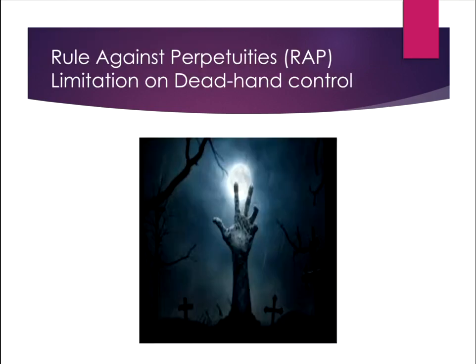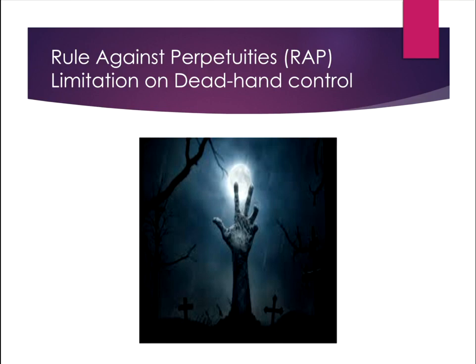Now think about WRAP and what it is. It is a limitation imposed on dead hand control. We did not want property interests being controlled by the dead. So they came up with this rule that says you can control it for so long: for someone who is a life in being, guaranteed to be alive at the creation, plus 21 years, which was to account for that life in being's children reaching the age of majority.